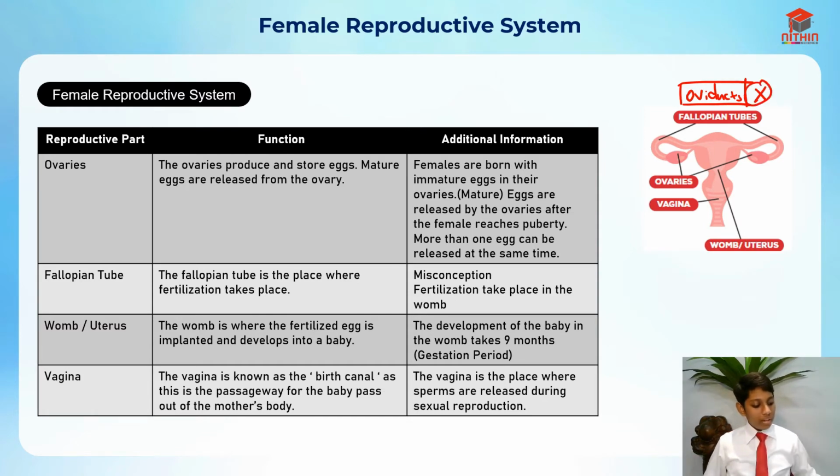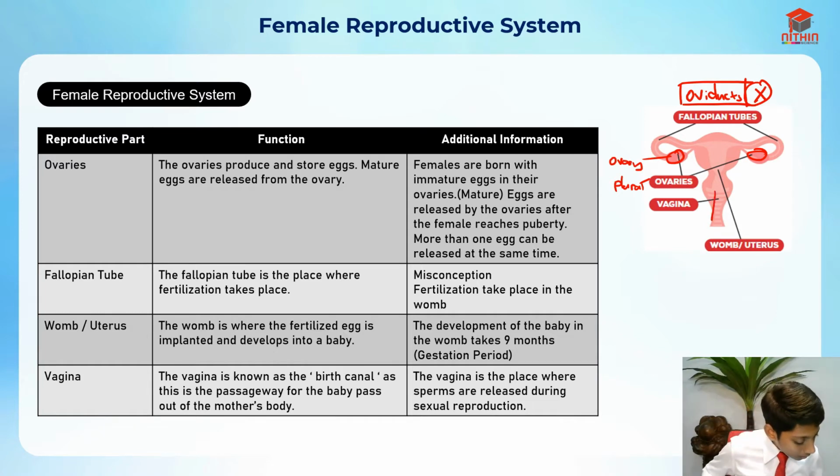And we have the ovaries. These two are the ovaries, and just like the testes, ovaries is plural. If it points at one, we call it ovary. So you have to know the difference.